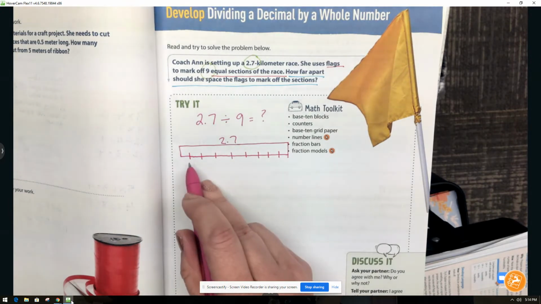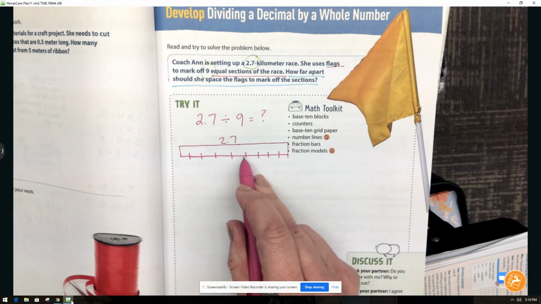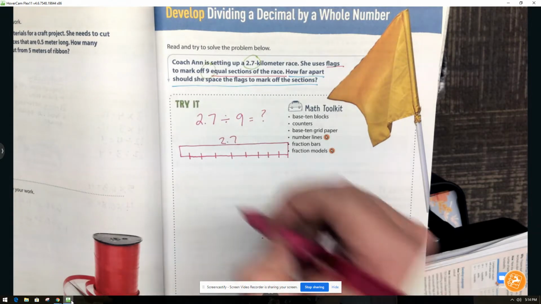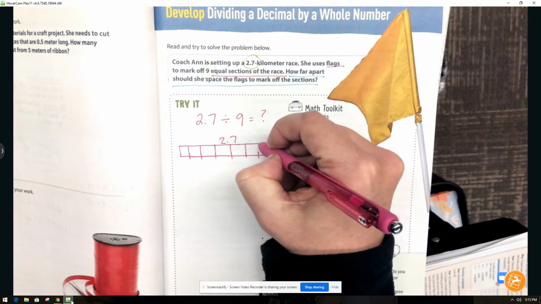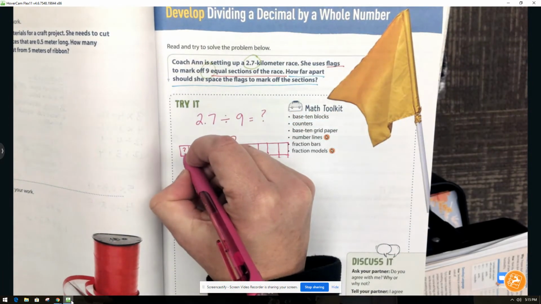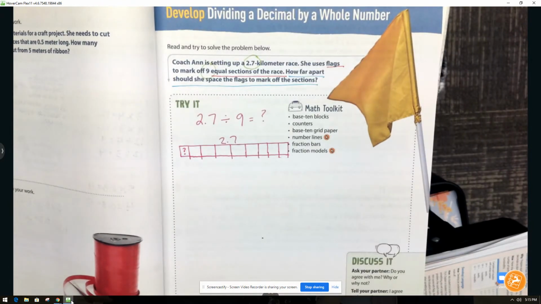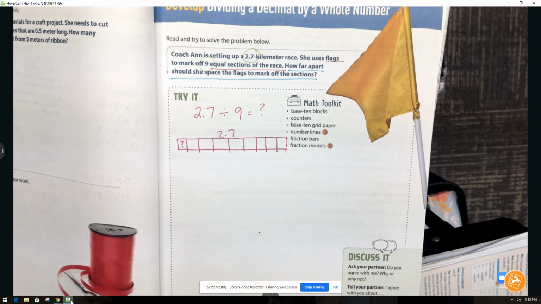So we know that we're going to break this 2 7/10 into 1, 2, 3, 4, 5, 6, 7, 8, 9 parts. I'll even draw them all the way up like this. We're going to break this 2 7/10 into 9 equal parts, but we need to know what each of those parts is. We don't know right now.